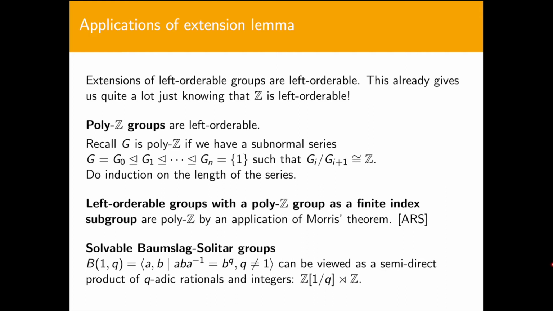Those groups are written as BS(1,q) and have a presentation with two generators, a and b, and one relation, which is that aba inverse is equal to b^q, when q is not equal to 1. So these groups can be viewed as a semidirect product of periodic rationals and integers, both of which are orderable. Therefore, these groups are orderable.